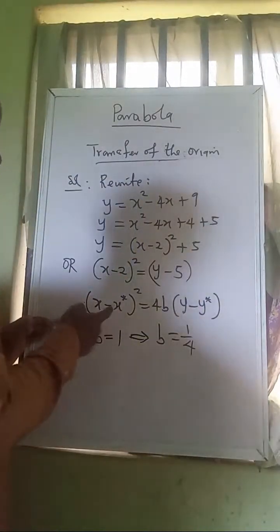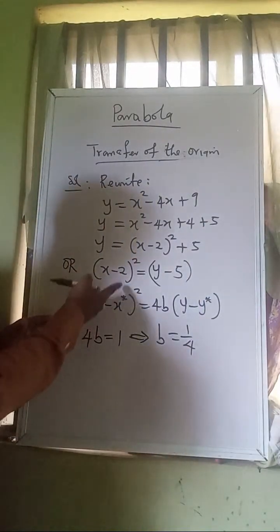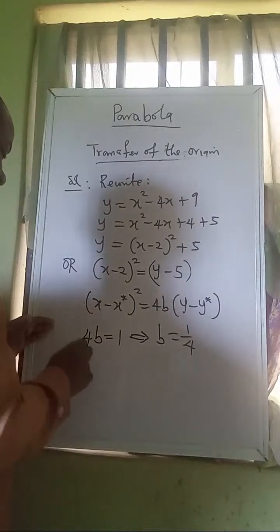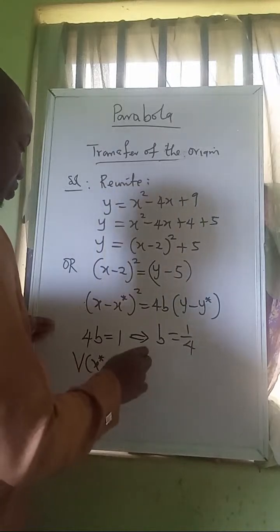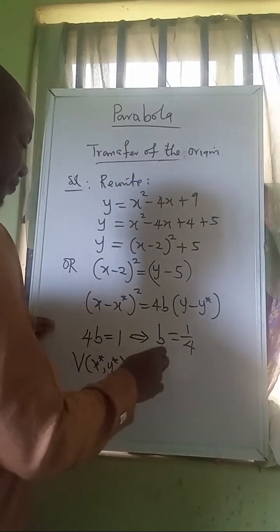Okay, and in this case, if you compare this to this, you see that the vertex (x star, y star) will be (2, 5).